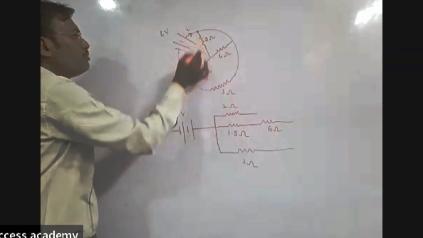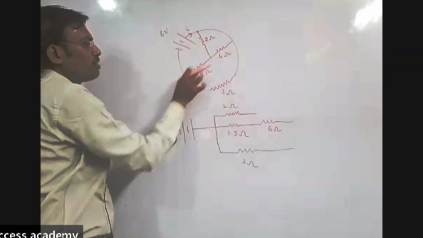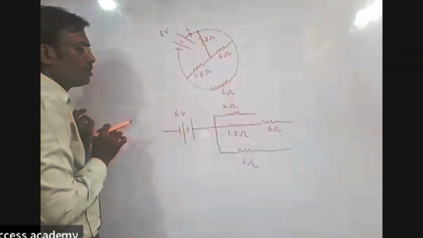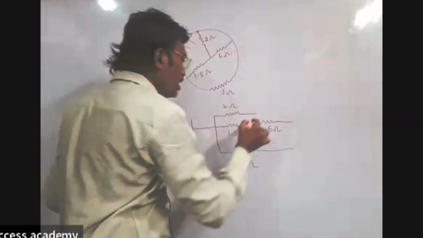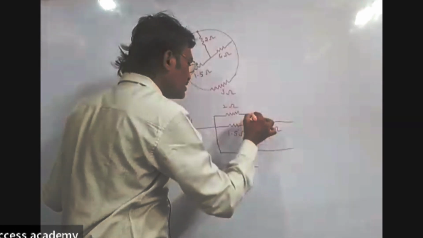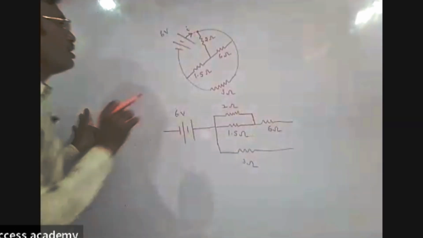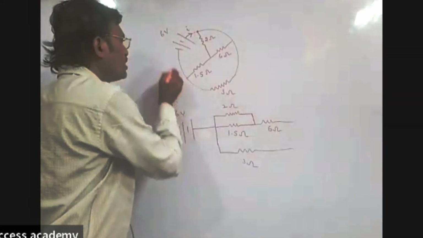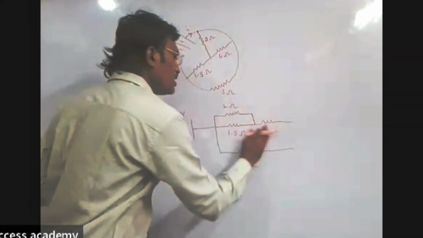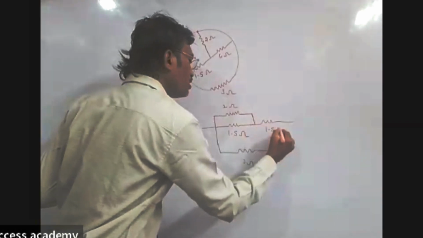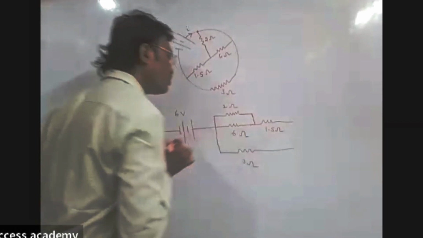But this 2 ohm is in between 1.5 and 6. Observe carefully: the 1.5 ohm has one end connected to the negative terminal. So I consider 1.5 is here, 6 ohm is here.